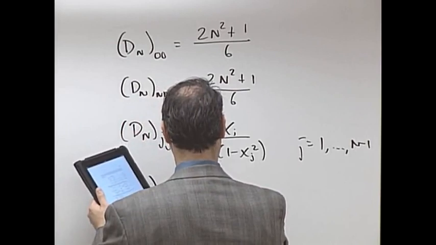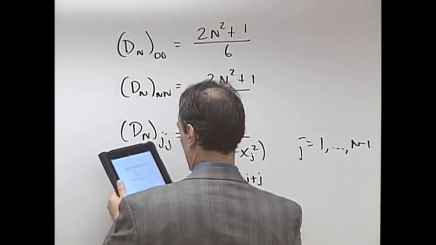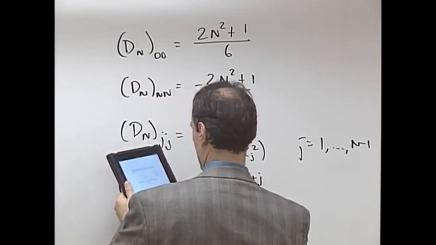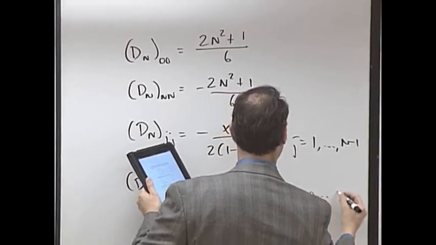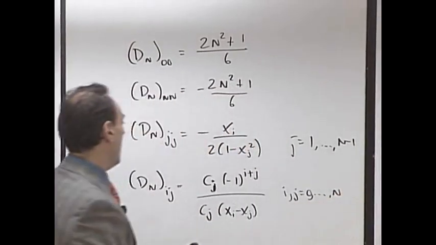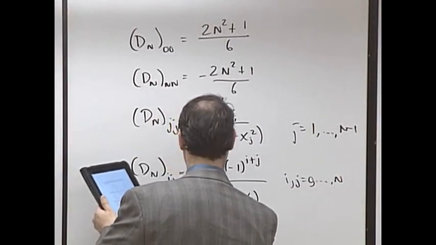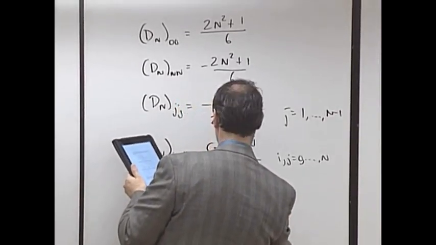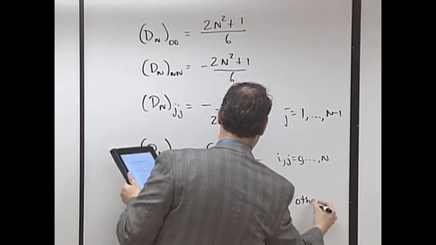C i. All right, let me tell you what C is. C j is 2 where j equals 0 or n, and C j equals 1 otherwise.